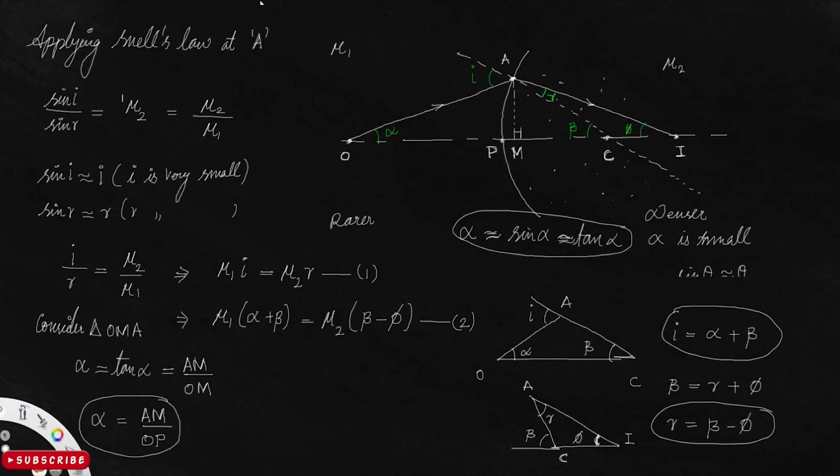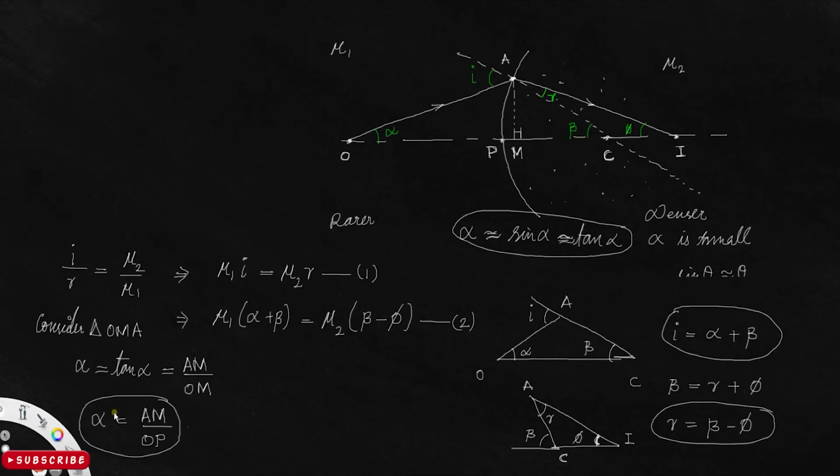Similarly, beta is also approximately equal to tan beta. Now we know tan of angle will be opposite side AM divided by adjacent side MC.